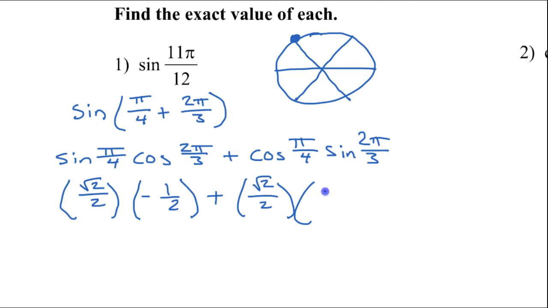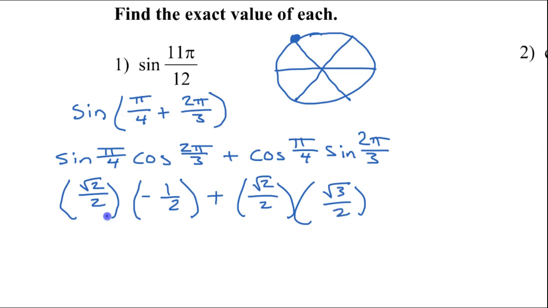We know that the sine of pi over 3 is radical 3 over 2. So the sine of 2 pi over 3 is either going to be positive or negative radical 3 over 2. But in the second quadrant, sine is positive because it's a y value, and that is above the x-axis. So I'm going to leave it as positive radical 3 over 2.